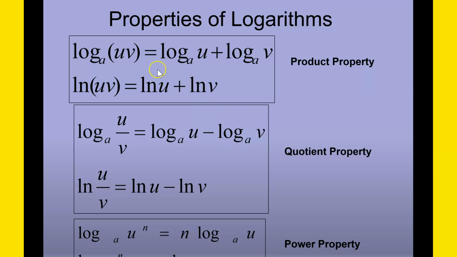Now this follows the properties of exponents, because if you have two things being multiplied with the same base, what do you do with their exponents? You add their exponents. So that's why you're going to add the logs. And if you're dividing things with the same base, you subtract their exponents, which is why you're going to subtract the logs.